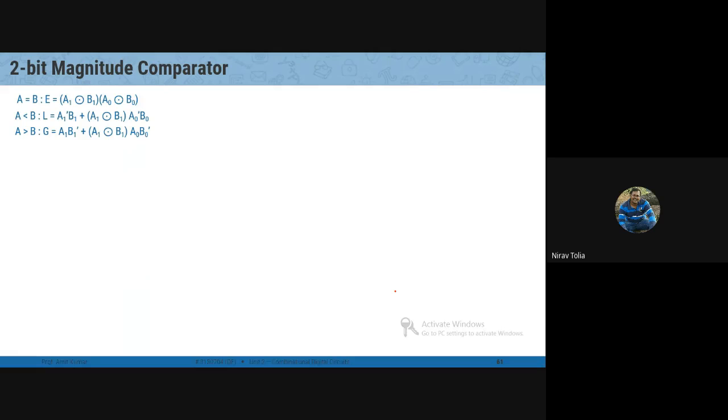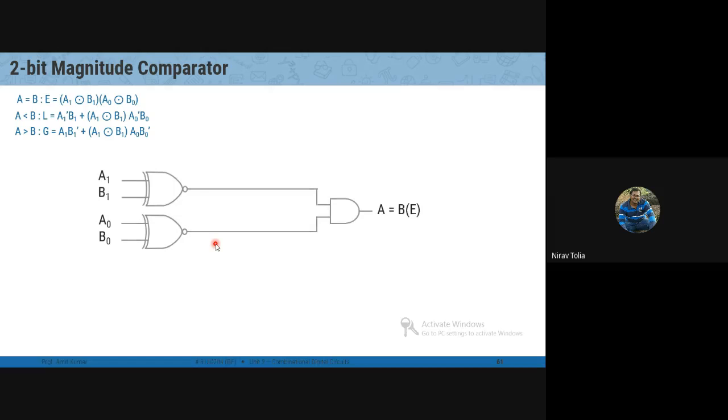These are the equations of A greater than B, A less than B, and A equal to B. You can see it on your screen. For A equal to B, we have A1 coincides with B1 and A0 coincides with B0. So we require two exclusive NOR gates, one for A1 and B1 and another for A0 and B0.